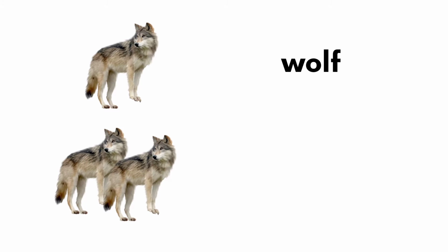Alright, so for the next animal, it is a bit tricky. What is this animal? The wolf. That's right. When we have more than one wolf, like 2 of them, we should call it wolves.